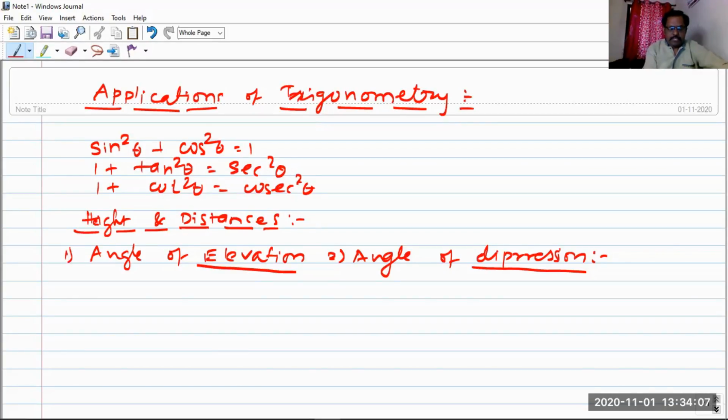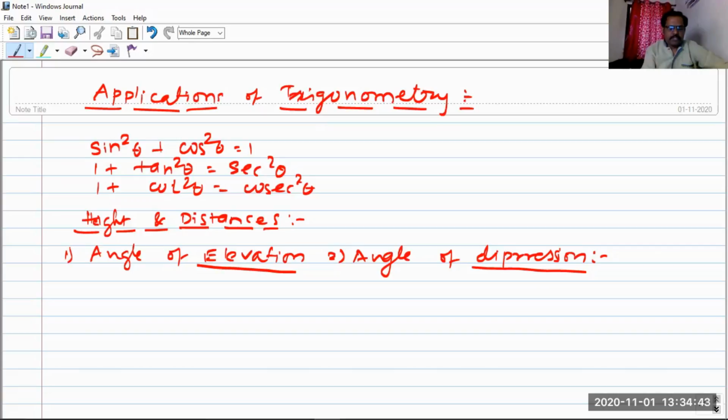The examples related to the applications of the trigonometric ratios, the trigonometric functions, are like this. See the first example here. Wait for a minute. Yes, we have the example.